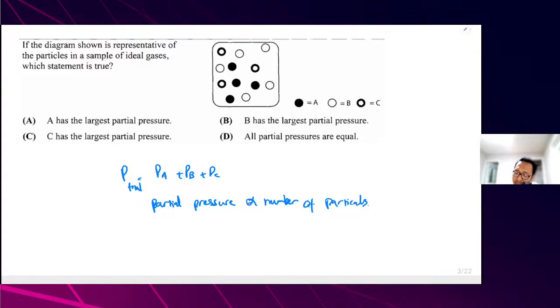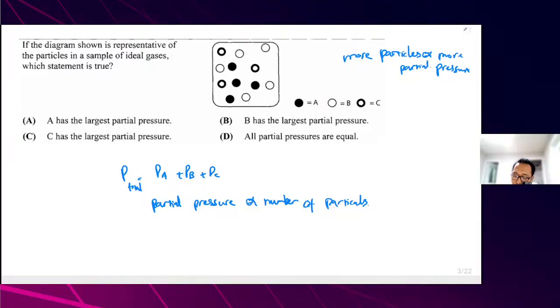The more particles, the more partial pressure.